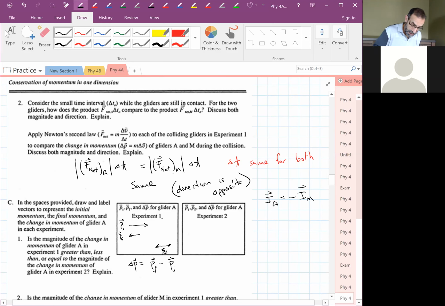The opposite of P initial is this one. And so what is my delta P? It's this vector right here. Did you follow?